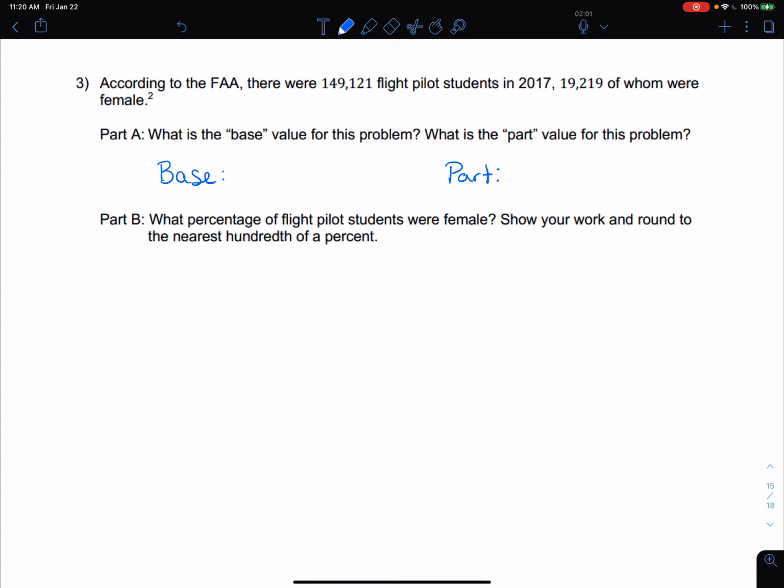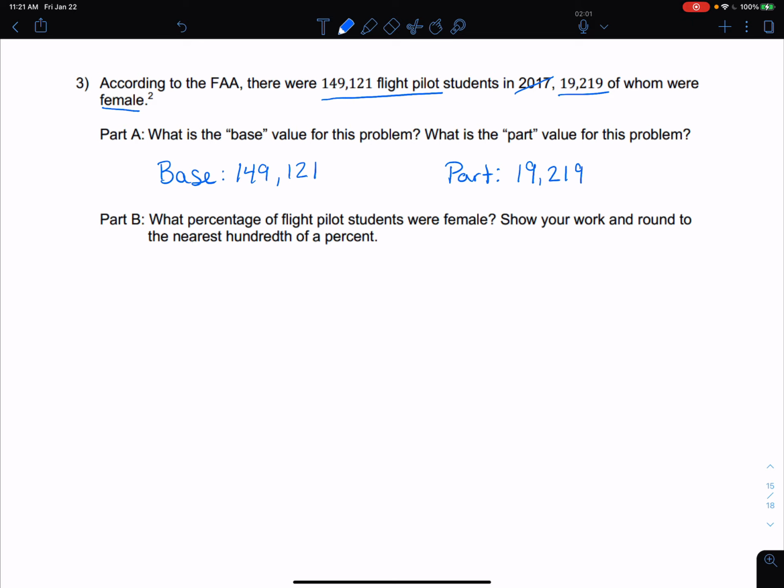So if we look at what's going on, we're measuring flight pilot students and then female flight pilot students. So the base, the whole, is that whole 149,121 flight pilot students. The part is those students that were female, the 19,219. I want to point out this 2017 is just a year, so we're not going to actually use that number.